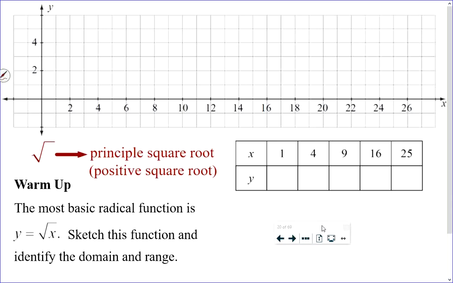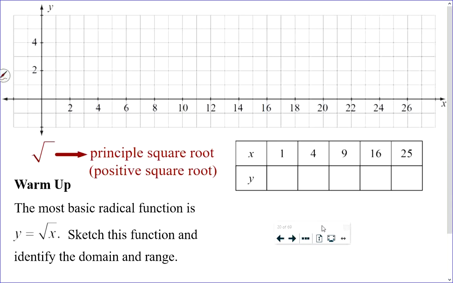Does anybody remember what I tell you in terms of when do you write plus or minus? Well, you use plus or minus if it says plus or minus, but you write plus or minus if you introduce the square root. So if you're rearranging an equation and you take the square root at some point, you have to say plus or minus.